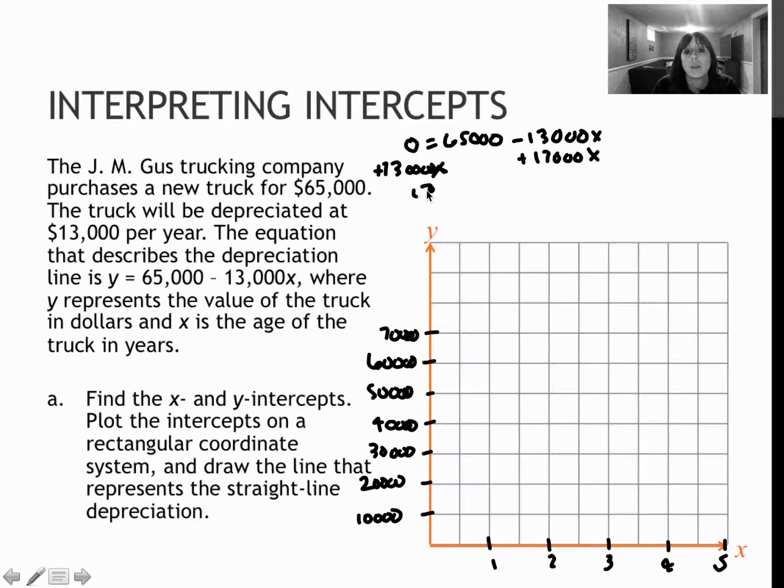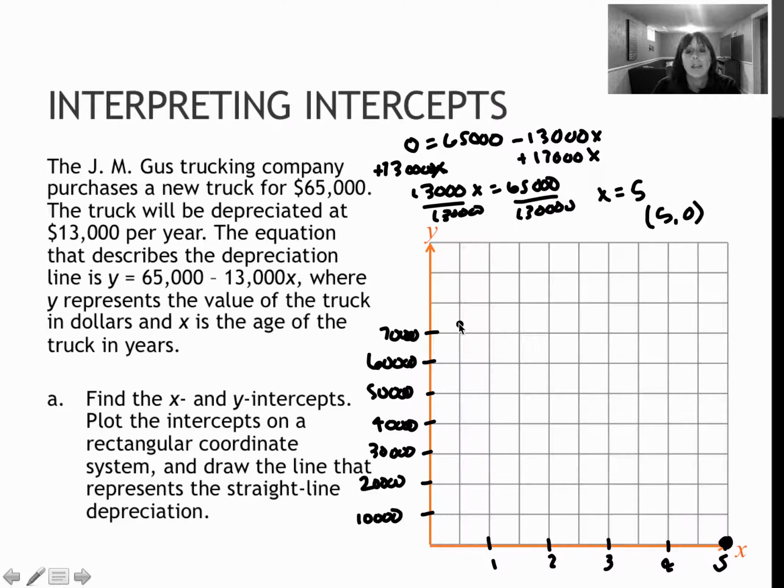And that gives me 13,000x equals 65,000. And when I divide by 13,000, I get an answer of 5. So on this axis, I'm going to put a point at 5 because it's 5, 0.